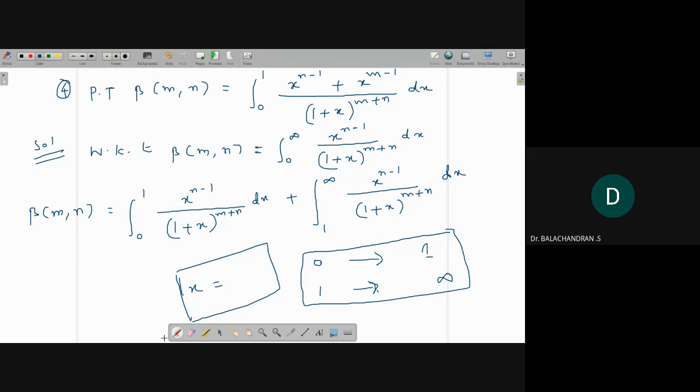Sorry, x goes from 1 to infinity. So the substitution should give you... it's a little bit tricky to predict.